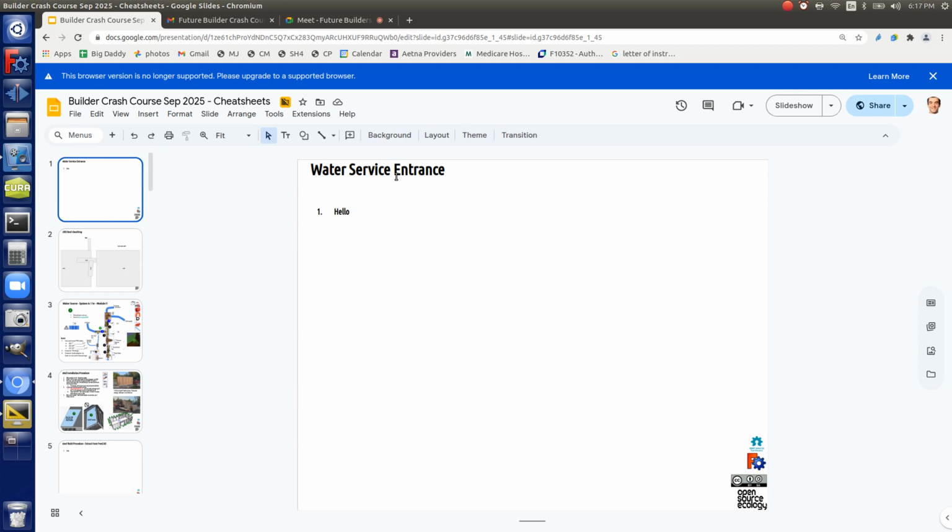I'll start with just basics, since we're in a builder crash course, of what are some of the basic things you need to know in order to be able to build effectively. So first thing I'm going to talk about is the strength of something. Typically it's called compressive strength.